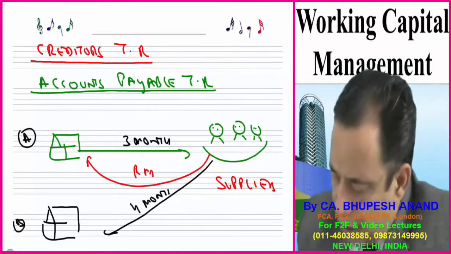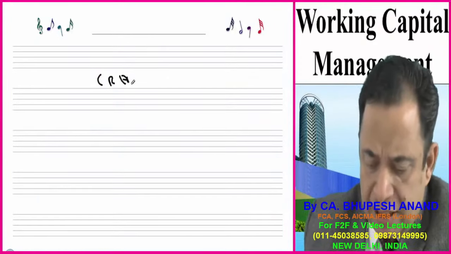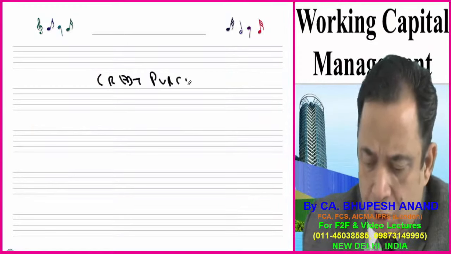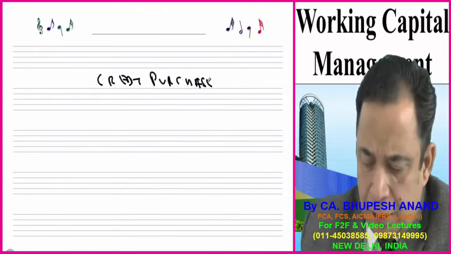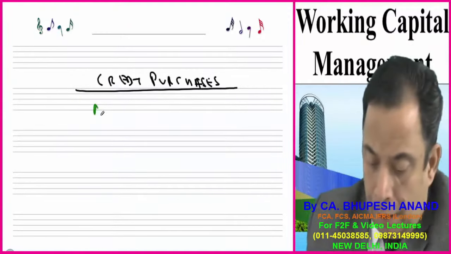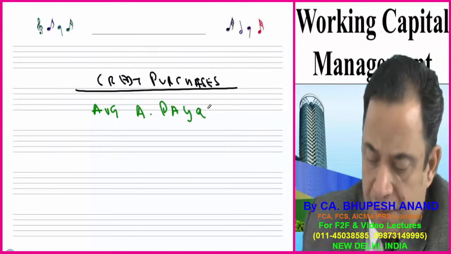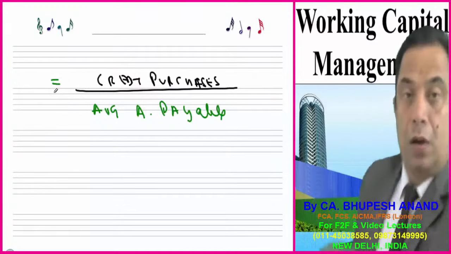So how to calculate creditors turnover ratio? Very simple. I have just told you. It is nothing but credit purchases, because payables are related with credit purchases, upon average accounts payable.